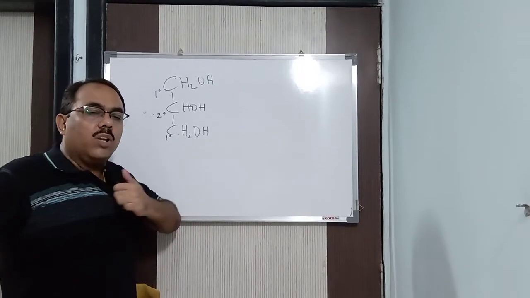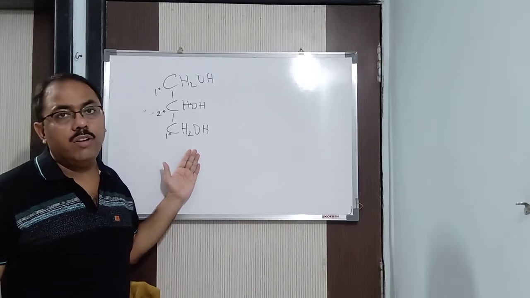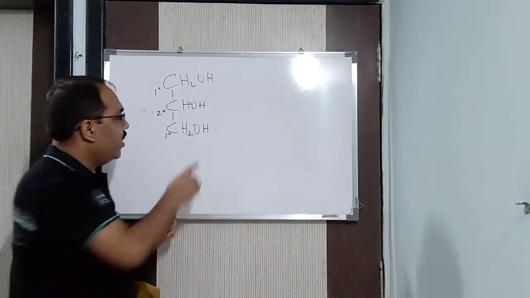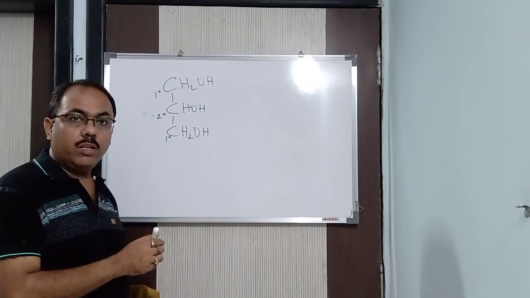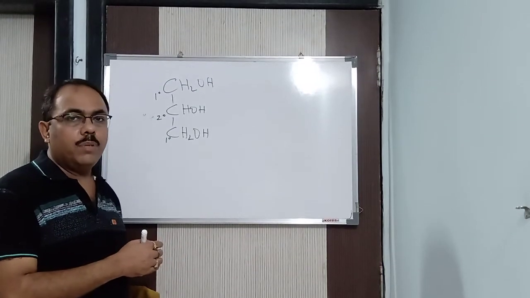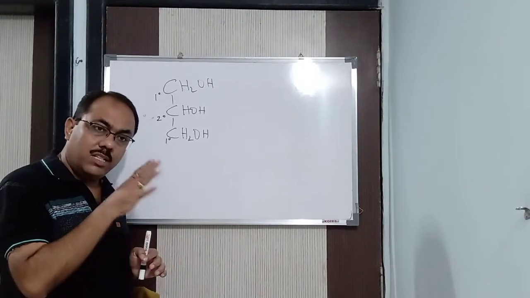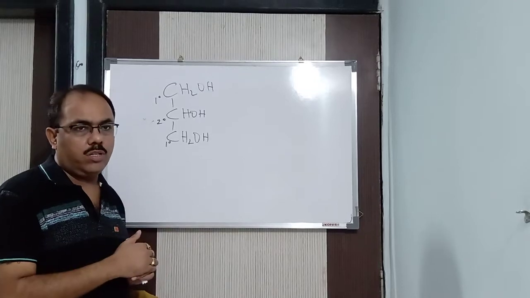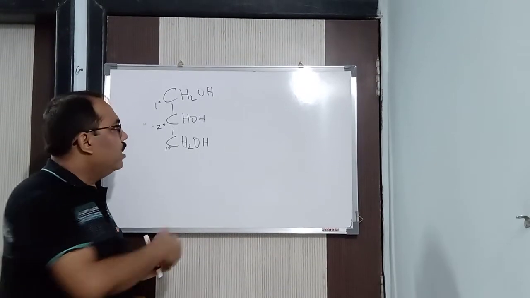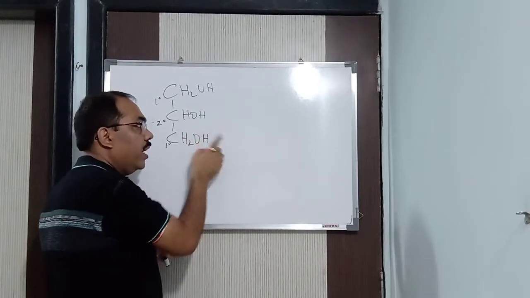It is soluble in polar solvents due to the presence of the 3 OH groups, because it can undergo intermolecular hydrogen bonding with water. If I take water here, it will undergo intermolecular hydrogen bonding with water. So for that reason it is highly soluble in water, and due to the extensive intermolecular hydrogen bonding, it has a high boiling point. Why? Because here 3 water molecules can be attached, 1, 2, 3, through intermolecular hydrogen bonds.